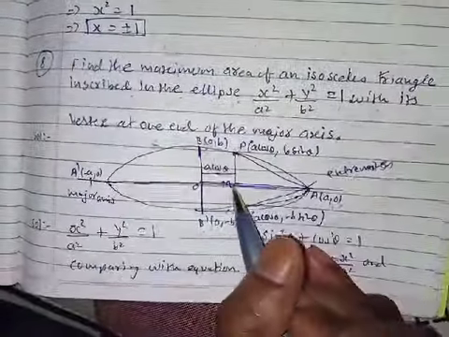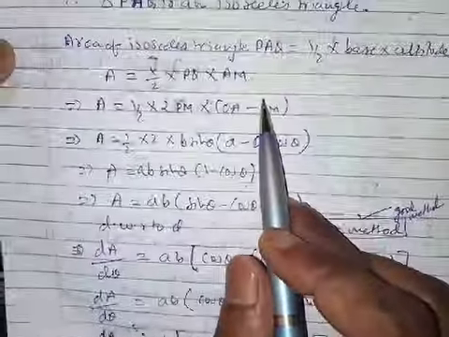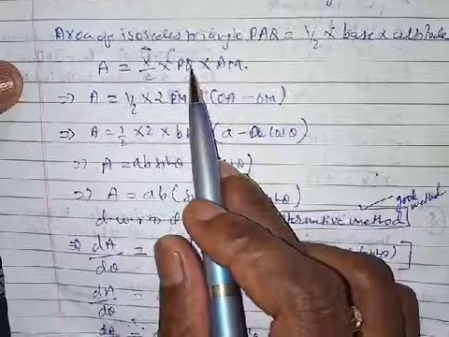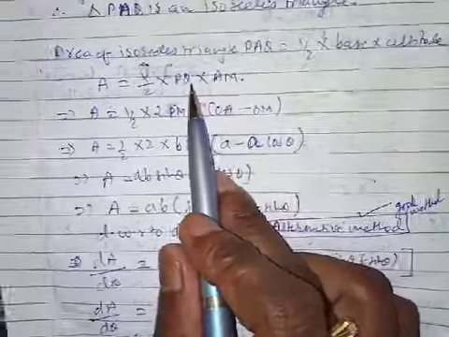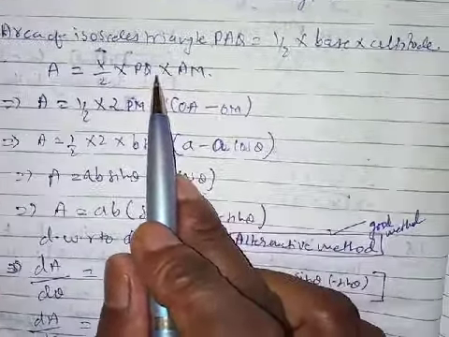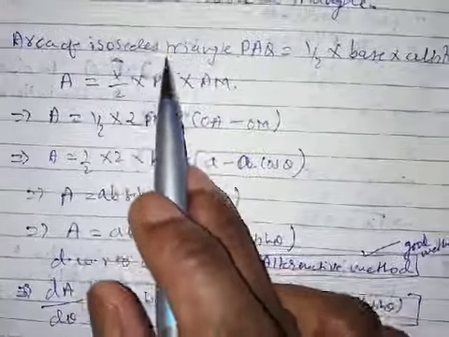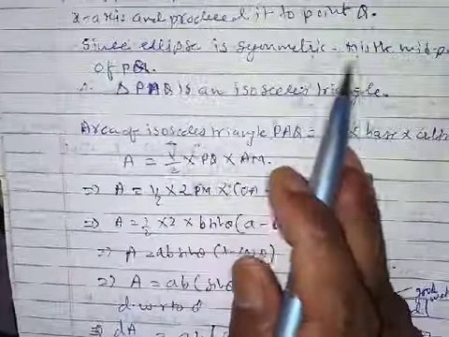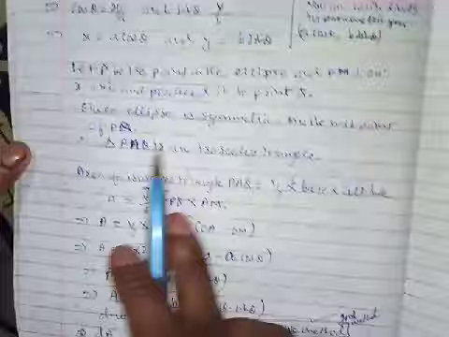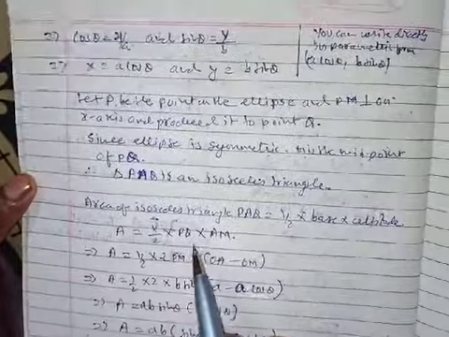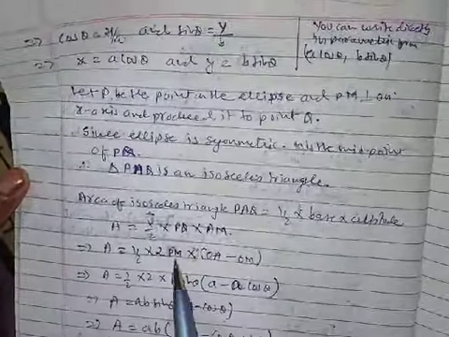Altitude is AM. So it is half of PQ. Because M is the midpoint, since the ellipse is symmetrical, M is the midpoint of PQ. So in place of PQ we can write 2 PM.